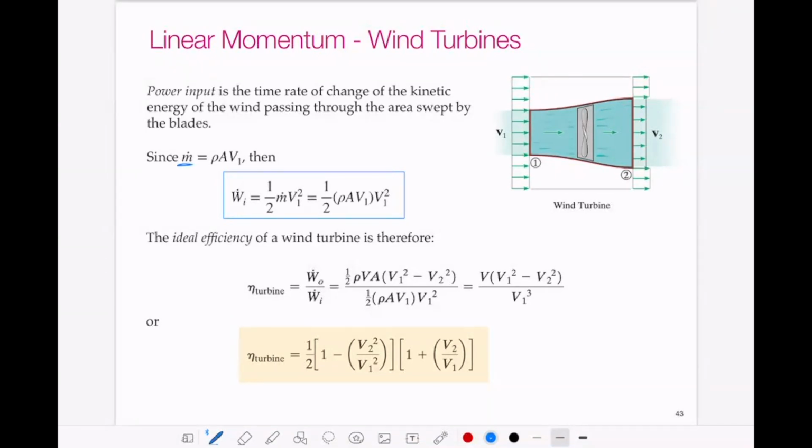So the ideal efficiency is again calculated the same way. We have our rate of work output divided by our rate of work input. So we take our two expressions and we simplify, and we can get this equation over here, which is in terms of our input and our output velocities, as well as the velocity v, which is at the blade.